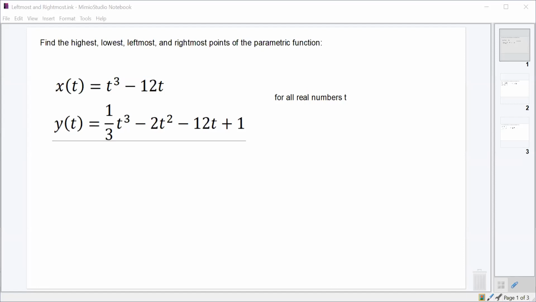The max x should be our rightmost point, and the min on x should be our leftmost point. Everybody good with that? Conceptually, hopefully that makes sense. All right, so let's go ahead and do that. Which one do you guys want to do first?